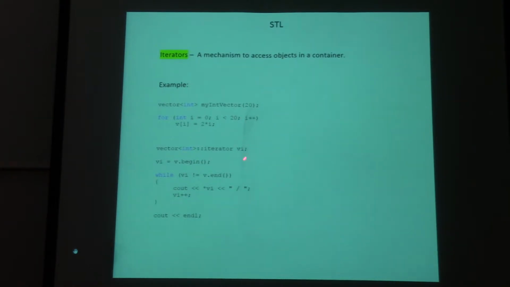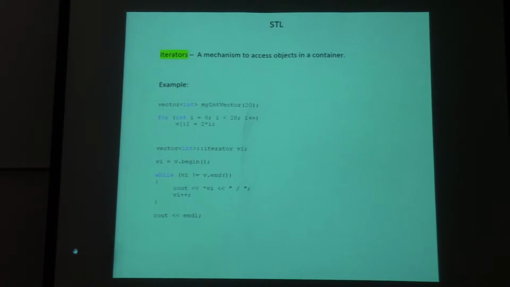Now, look very closely at what I'm going to do. vi is an object. The type of the object is vector<int>::iterator. Does anybody have any idea what the heck that is? First of all, I want vi to have a relationship with vector<int>, so that part is okay. But it's not a vector<int>, it's a vector<int>::iterator. Notice that we have a scope resolution operator between the vector<int> and the iterator.